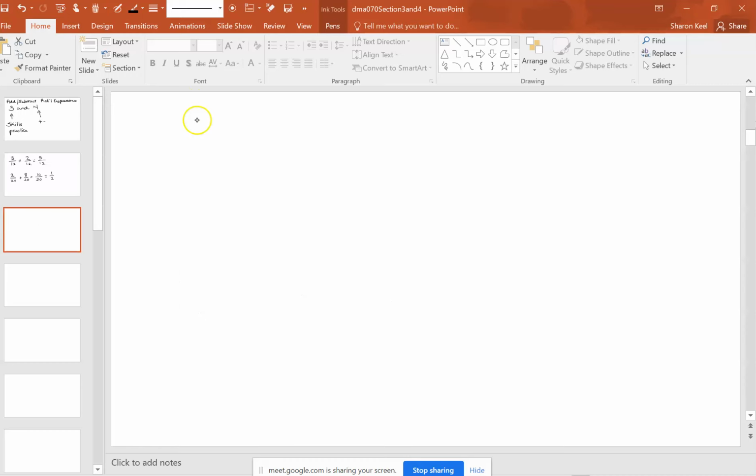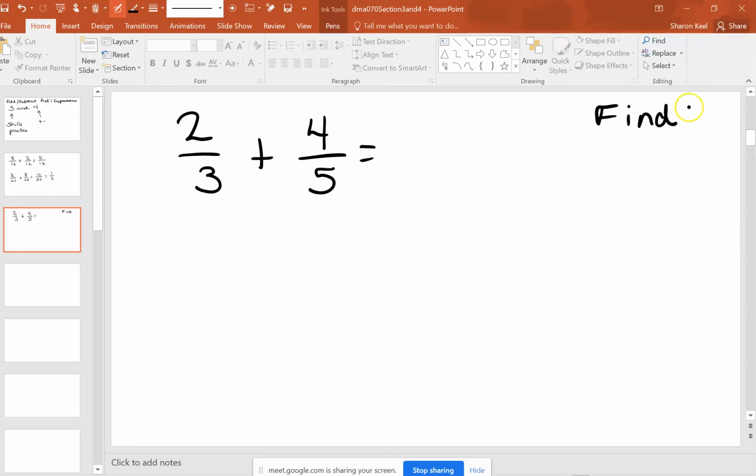Now, what's going to happen if you have, let's say, the fraction 2/3 plus 4/5? If I want to add these two fractions, my denominators are different. So the first thing I'm going to have to do is I need to find the least common denominator, or the least common multiple of the two numbers in the bottom.